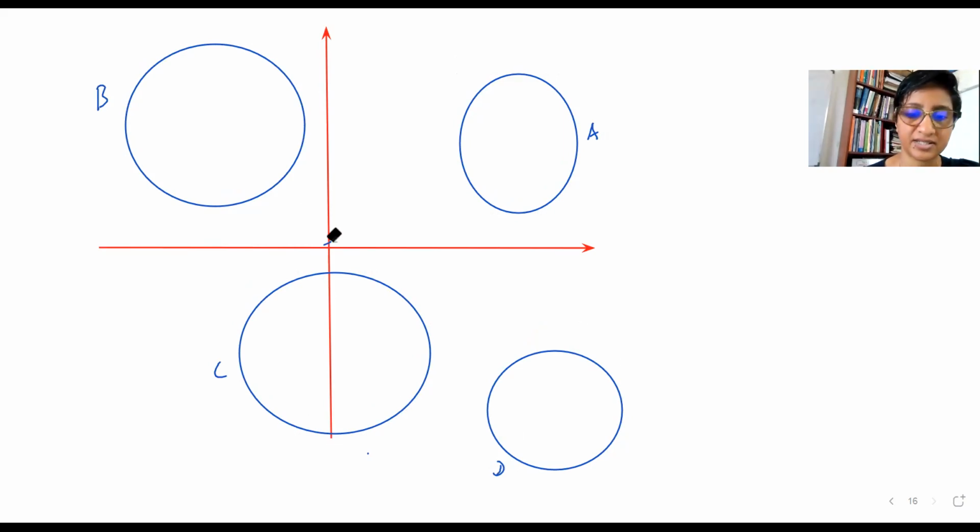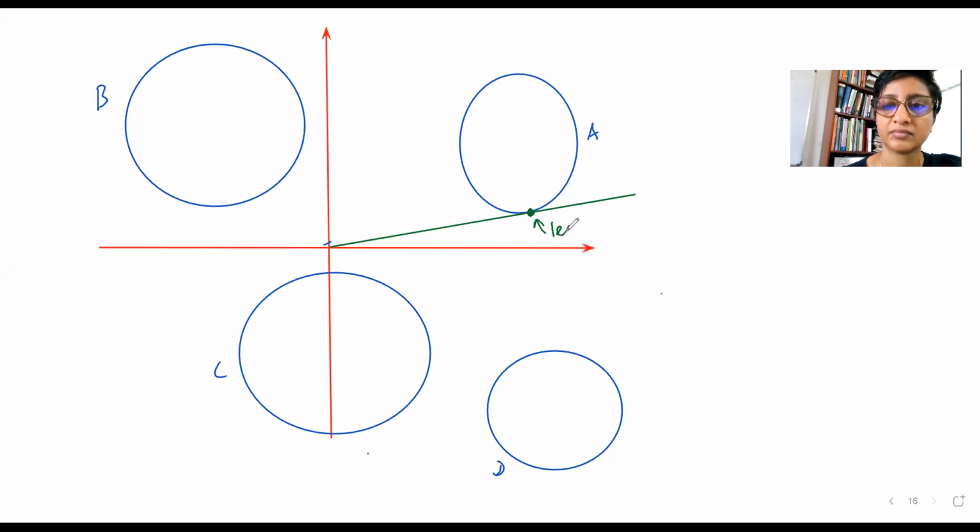Yeah, it's always a tangent. This one right here.